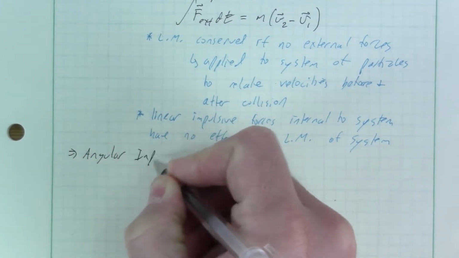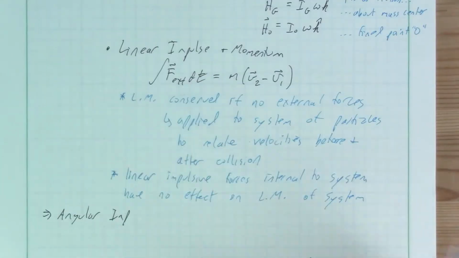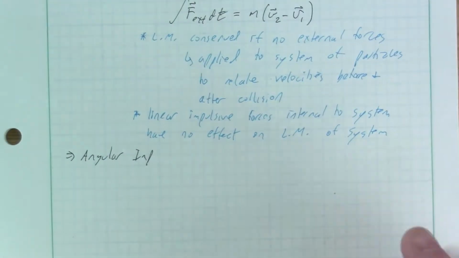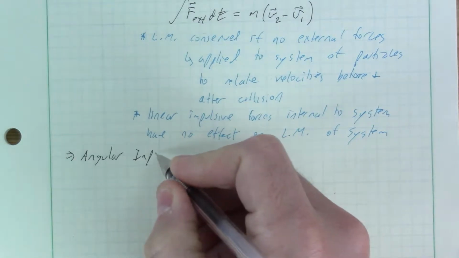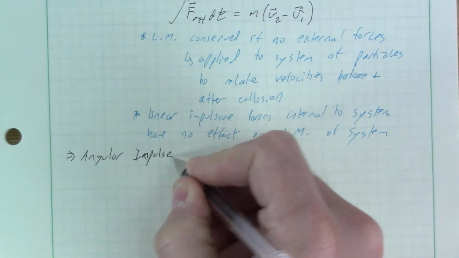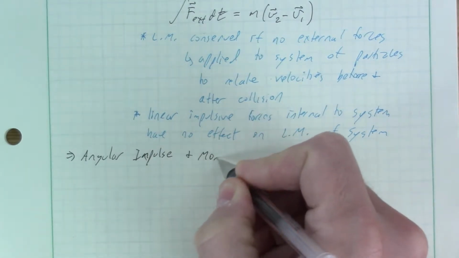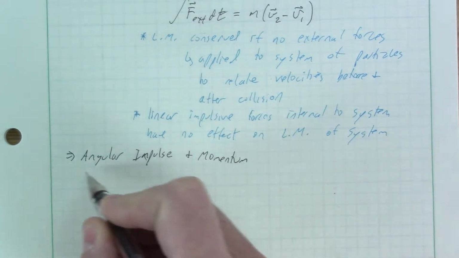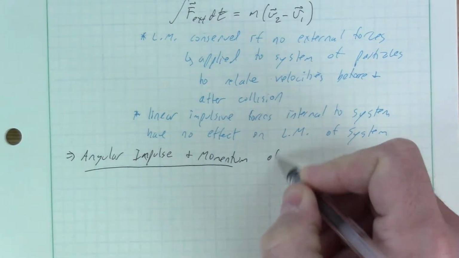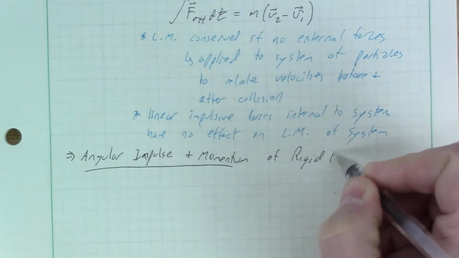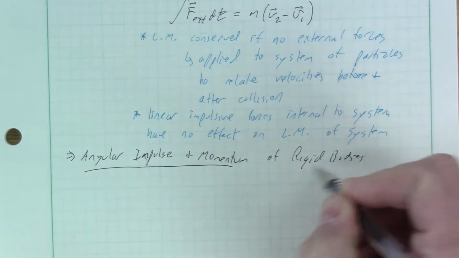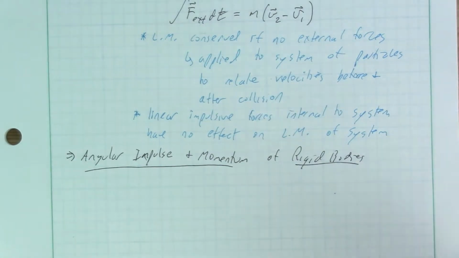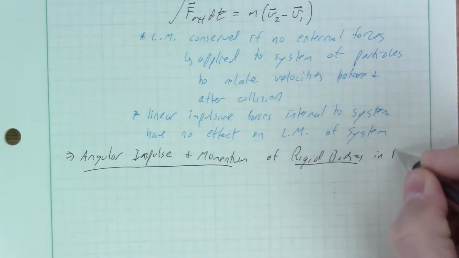Angular impulse. We're basically extending this last statement of linear impulse and momentum. How does this extend for angular motions? Angular impulse and momentum. Again, this is of rigid bodies, not considering deformable bodies at all in this class, in planar motion.